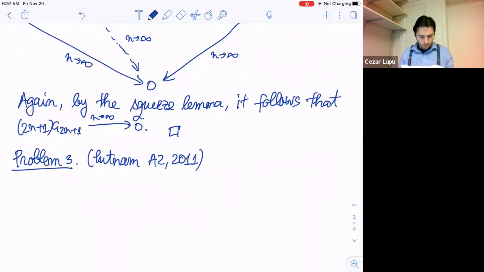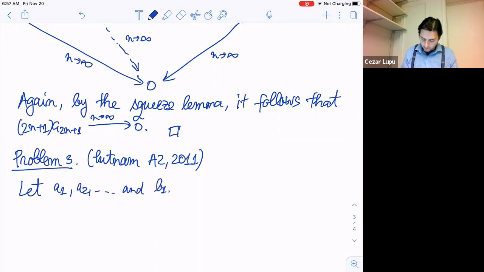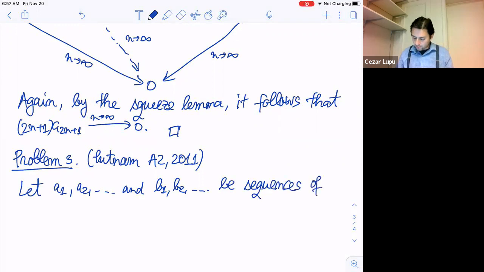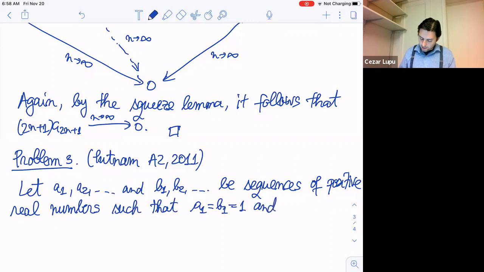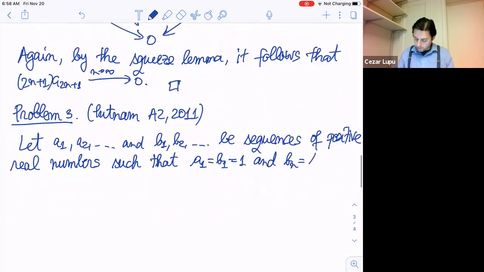Let A1, A2, and so on, and B1, B2, and so on, be sequences of positive real numbers such that A1 equals B1 equals 1 and Bn equals B sub n minus 1 times A sub n minus 2.